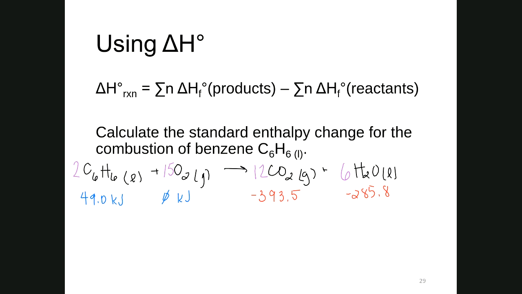Now we're going to use our equation. The equation starts with products, so that's what we're going to do as well. I'm going to start just by writing out how I would solve for this problem, and then we're going to plug in the actual numbers.